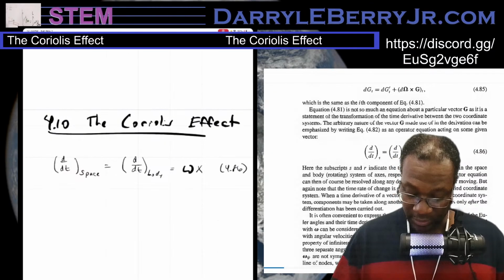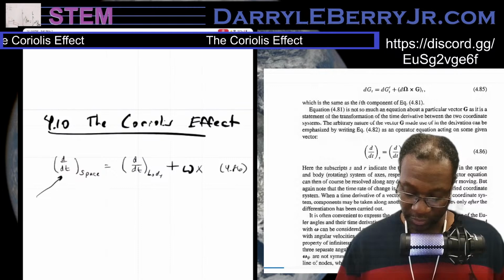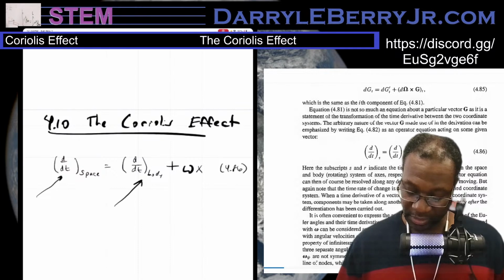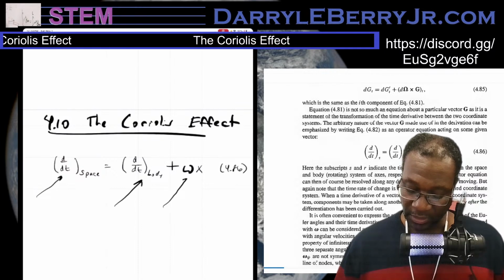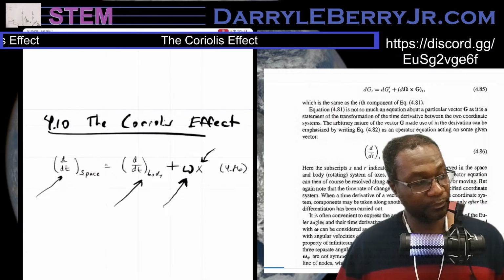This is the change in the space coordinates equals the change in the body coordinates plus the angular velocity of the particular axis that is being rotated around times the position coordinate.